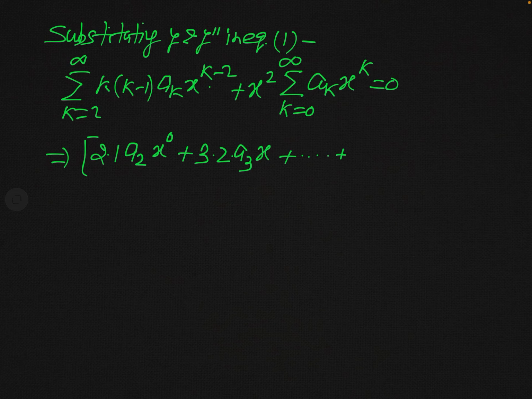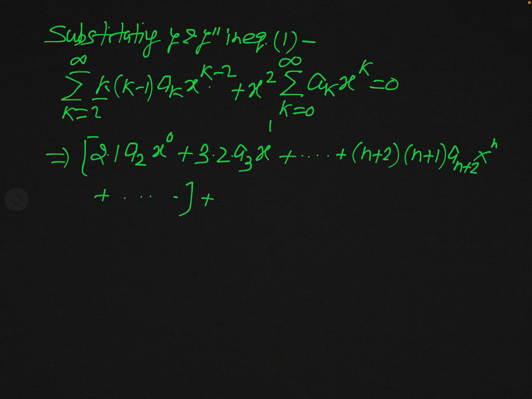Now let us take this value of k as n plus 2. So this will be n plus 2 into n plus 2 minus 1, that will be simply n plus 1, and ak, k is n plus 2, so this will be a n plus 2, and x to the power k minus 2, so n plus 2 minus 2, that will be simply x to the power n, and so on.